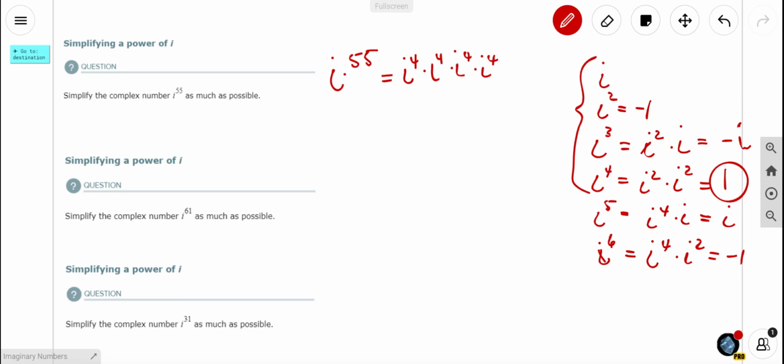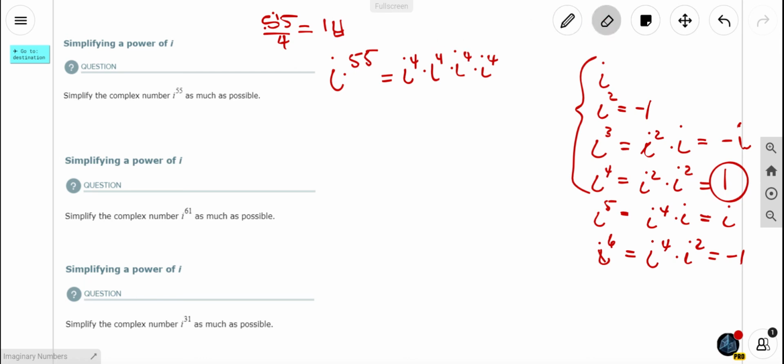How many i to the 4ths fit in 55? Well, you would take 55 divided by 4, and 4 goes into 5 once, 4 goes into 15... Okay, it goes in there 14 times.